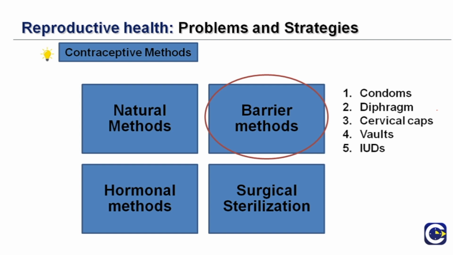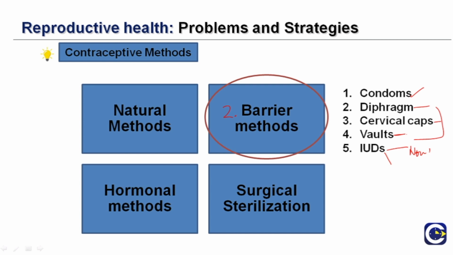So this brings us to the end of the second contraceptive method, that is the barrier method. To summarize again, we looked at condoms that can be used for both men and women, and they are very easy to use. Then we looked at diaphragms, cervical caps and vaults that are used for women and are quite similar. And then we looked at the intrauterine devices.